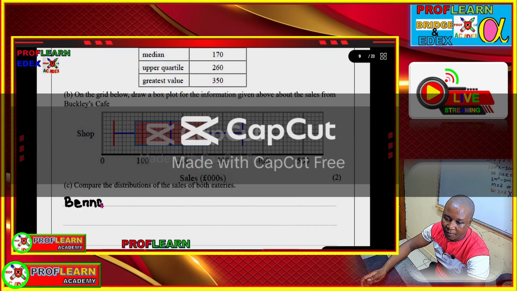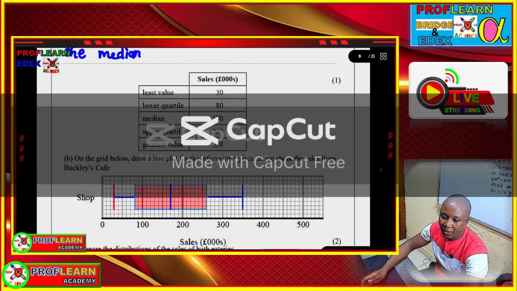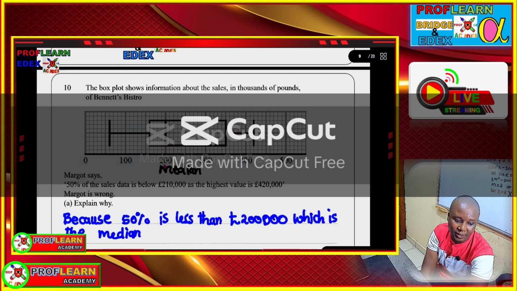So we can say Bennett's eatery had more sales, since we can see we have a larger median. The median here is 200, but the other one is 170. So we can say the median here is greater.